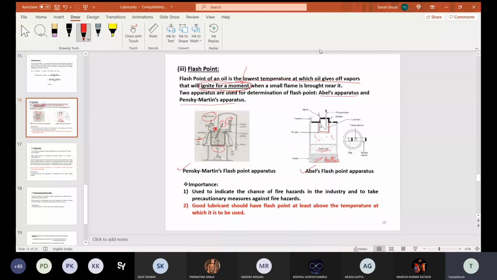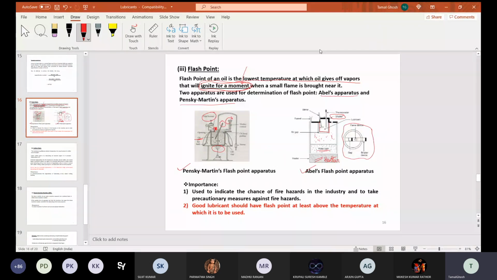Oil is present in the oil cup, and the oil will generate vapor. You can see the shutter is here, and on the extreme right you can see how the shutter works for the Abel apparatus.